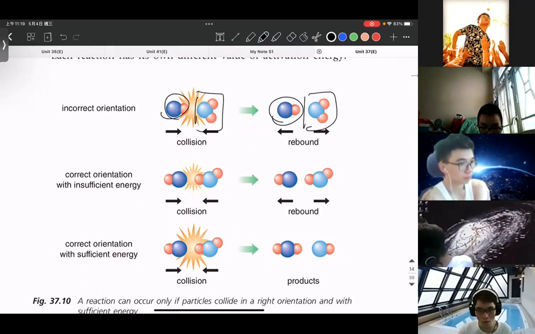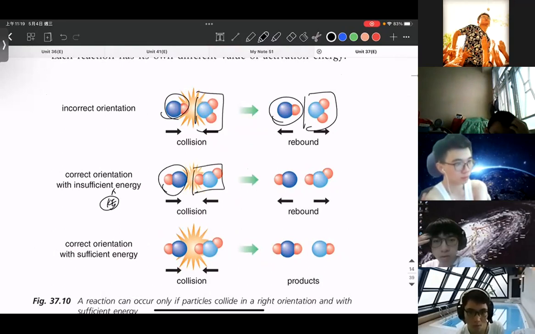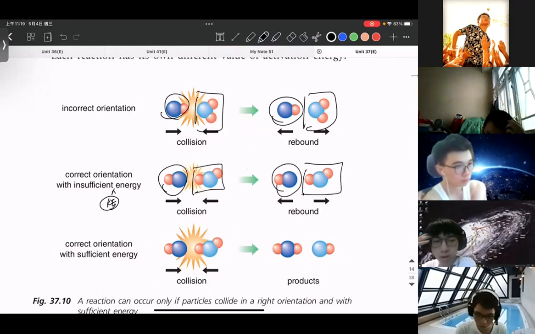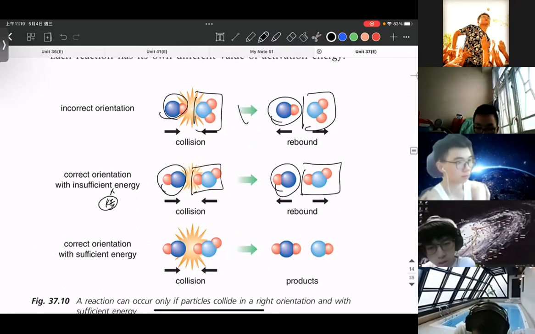If you have a good orientation, the best orientation, but the energy is not enough, what I mean is the KE, the kinetic energy is not enough, what will happen? In this case, the correct orientation, the correct angle of hitting, but they will bounce back to give the original chemicals. So the reaction will still not go.